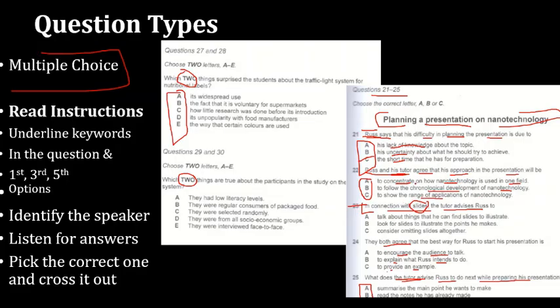These are keywords; I've just underlined them. So we'll be listening keenly for what the student, that's Rice, and the tutor will settle on. When they settle on it, we just pick our answer and move on.